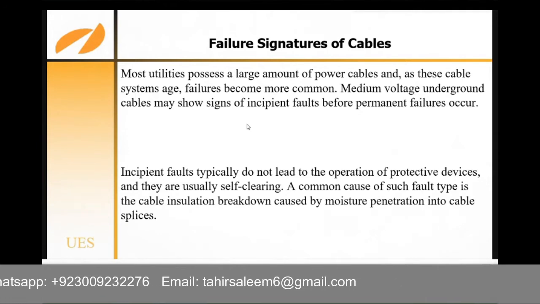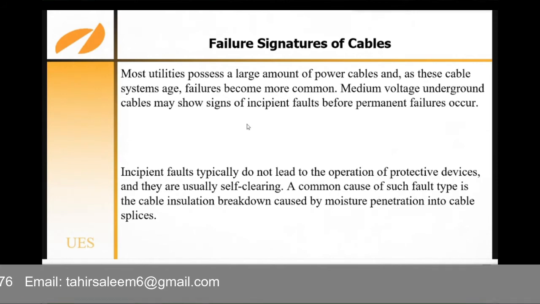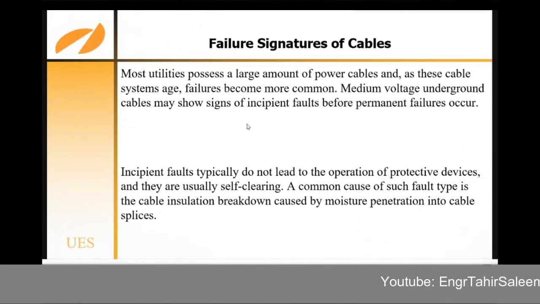After some time, it is very easy to break that piece of metal, just because the rusting has made the material very weak. So these incipient faults are the same as rusting for metals.